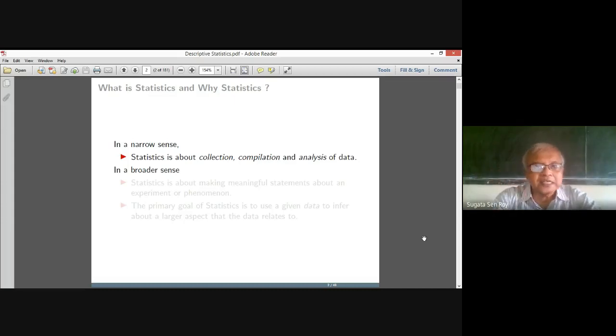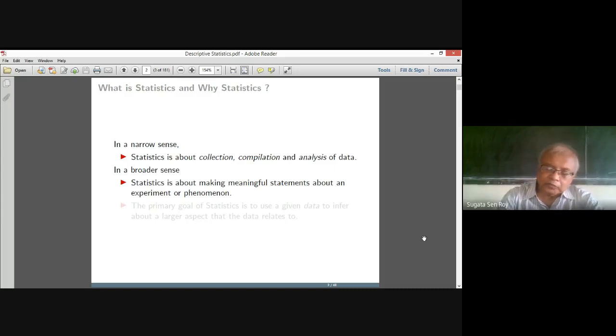So in a narrow sense, we can say that statistics is about collection, compilation, and analysis of data. This last part, we'll just put it in a broader sense. Analysis of data actually means that we want to make meaningful statements about an experiment or phenomena.